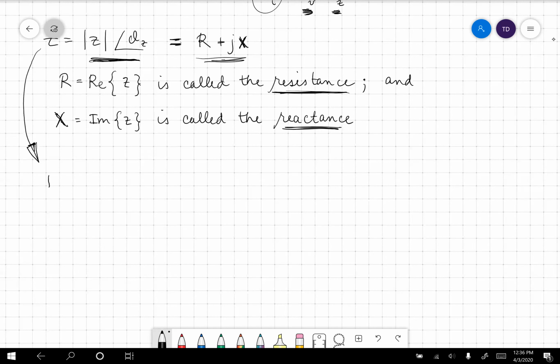So R is equal to, see if you agree with the following, the magnitude of Z times the cosine of theta Z. And X is equal to the magnitude of Z times the sine of theta Z. We're just converting polar to rectangular.